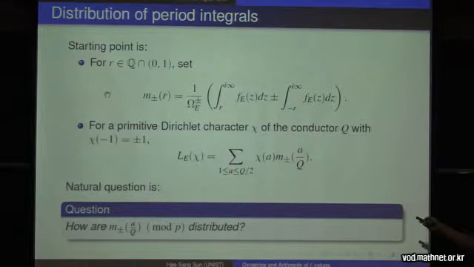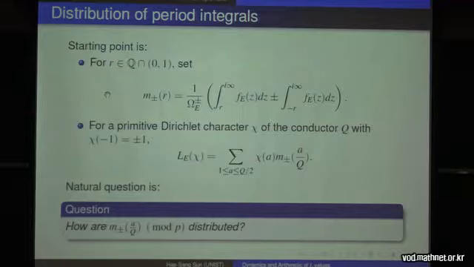Now I define this one, and you can see that this is actually an integer. Then for a primitive Dirichlet character chi of conductor minimal period, you can verify that the number we want to study is equal to a linear combination of character values and this special value. And these values are called modular symbols.